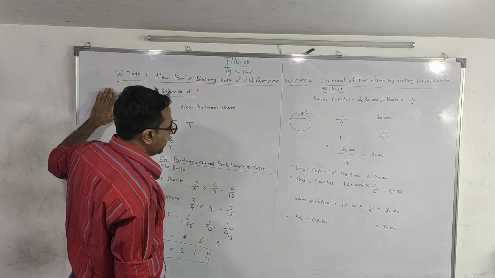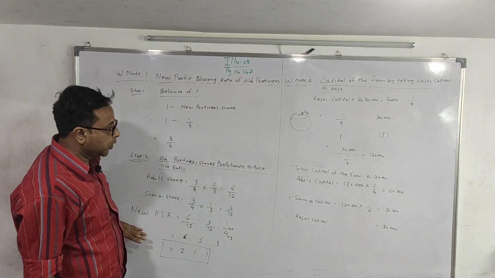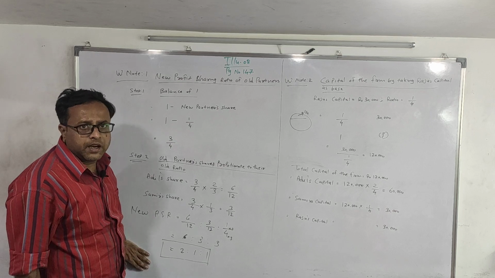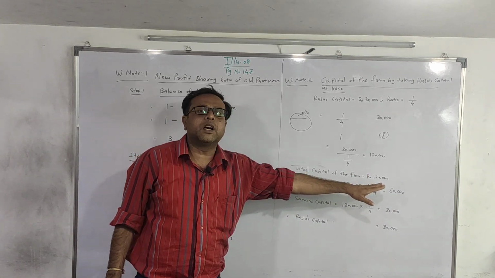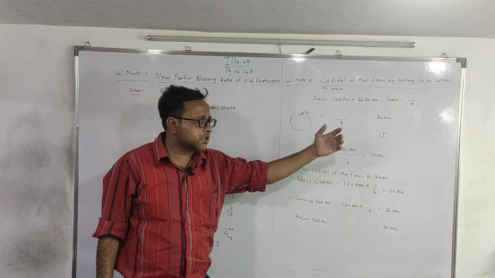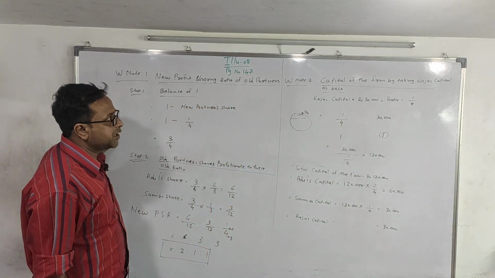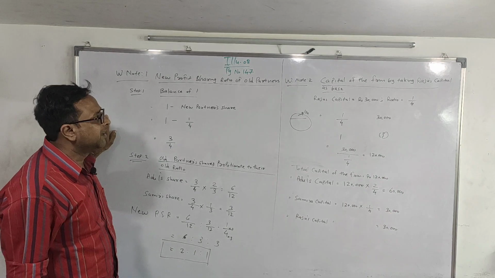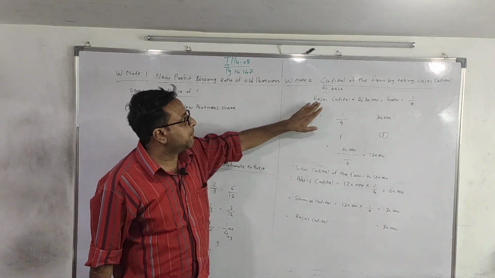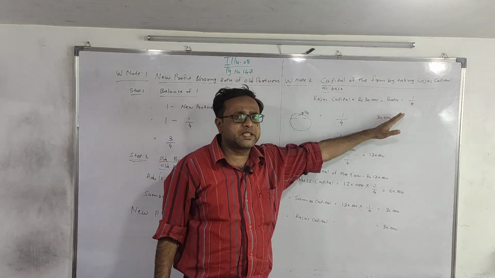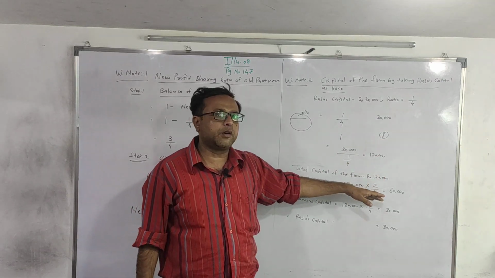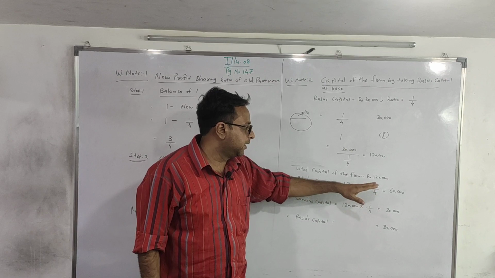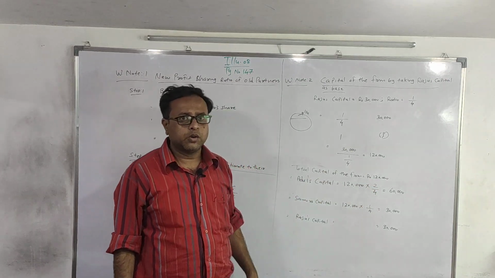So in working note number 1, we have found the new profit sharing ratio. Why do we need the new profit sharing ratio? To distribute the new capital of the firm. So first we found the new profit sharing ratio in working note number 1, and in working note number 2, by taking Raju's capital as base, we got the total capital of the firm, and this total capital we have distributed in the new profit sharing ratio.